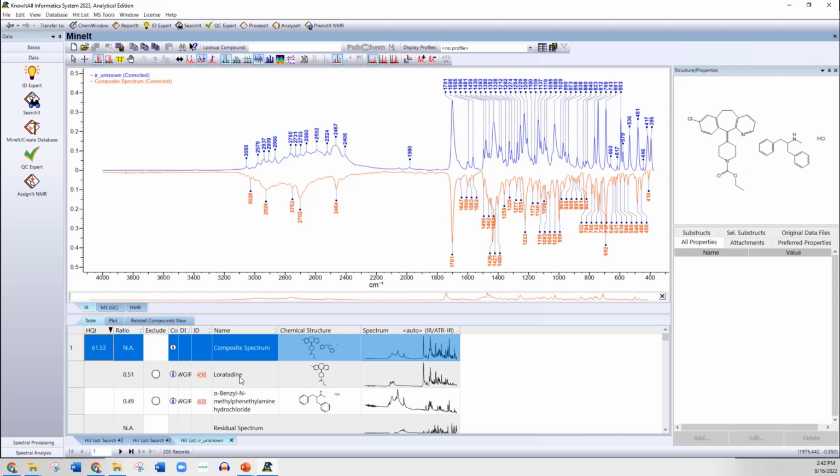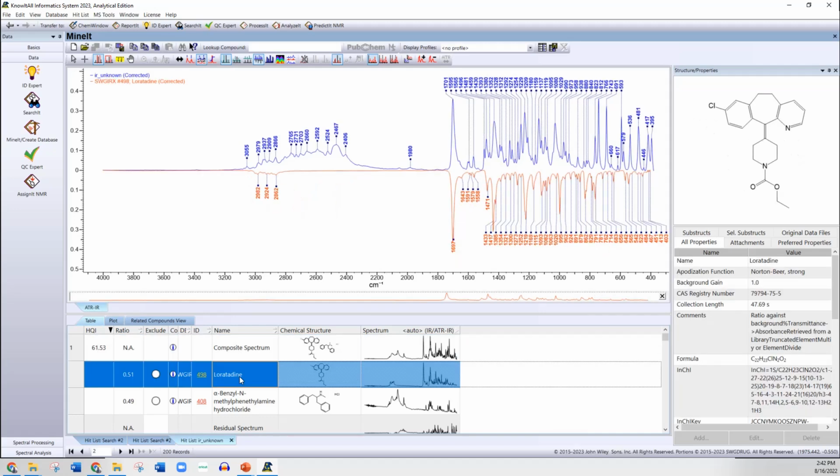But let's look at the individual spectra that it used in determining this fit. It picked this ester or carbamate here, and you can see the carbonyl frequency matches up really well in the absorption for it. It also has some of the fine structure we expected in this part, but it doesn't really explain this large absorption here in the spectrum.